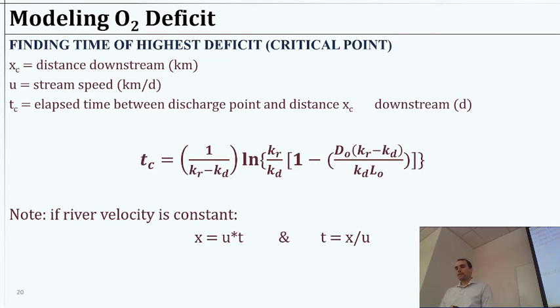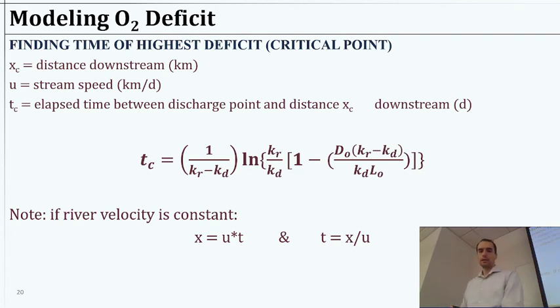Okay, so we have this value here. If we were to solve for the critical time, that's going to be equal to 1 over kr minus kd times the natural log of kr divided by kd times 1 minus the initial deficit times kr minus kd divided by kd times L naught. Okay, so big fancy equation.